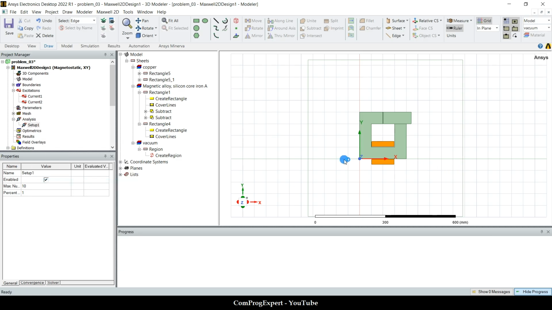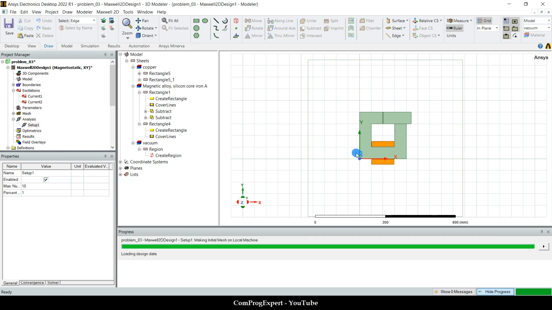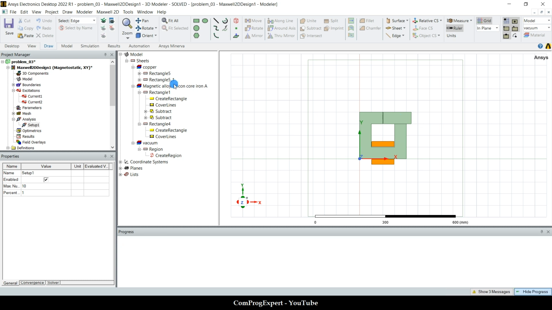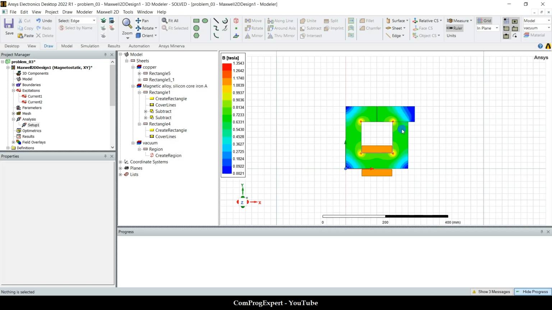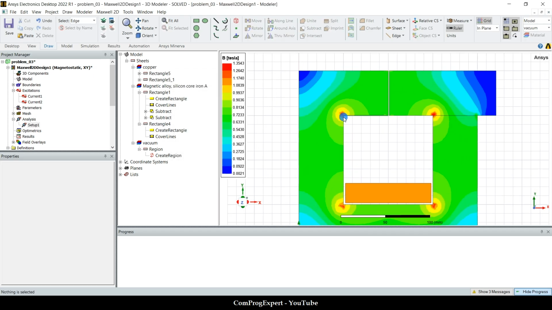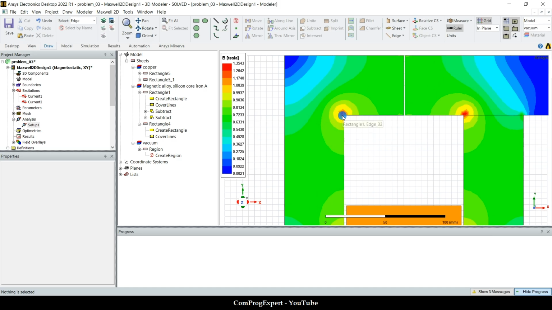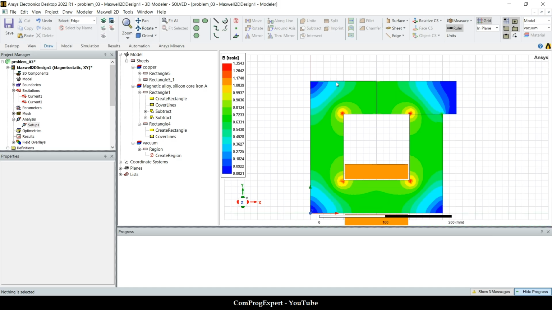So let's analyze and visualize flux density and flux lines. Solved, we can plot the magnitude of B. Okay, here we have a high flux density in this sharp region.